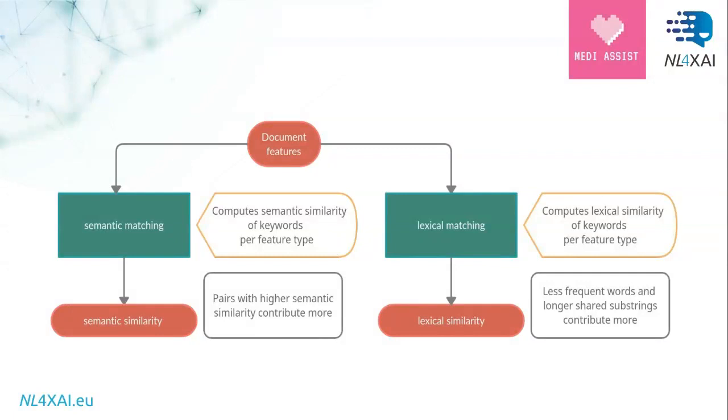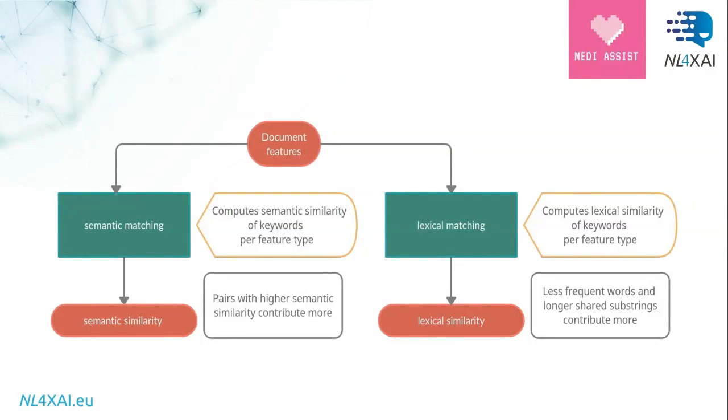The lexical matching algorithm assigns a higher score to two keywords that are less frequent and have longer shared substrings. As a result, words that are more likely to be a meaningful match also contribute more to the overall lexical similarity score.